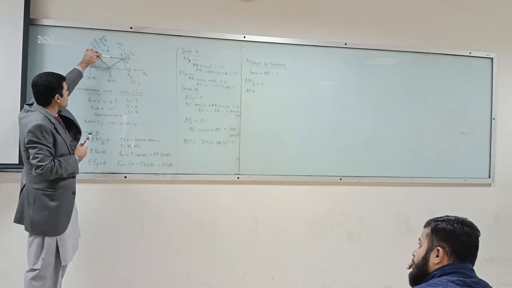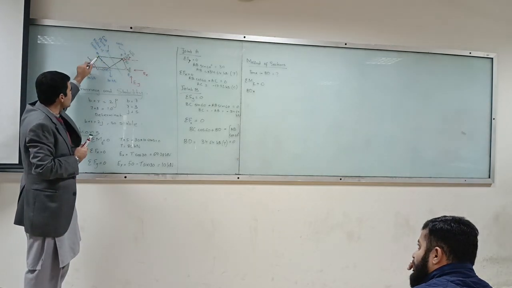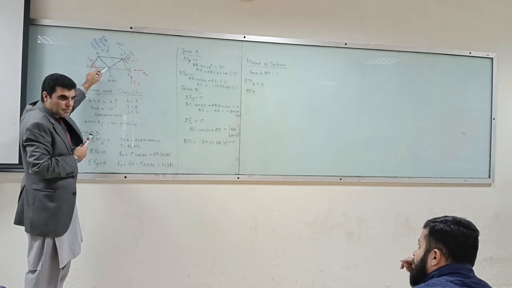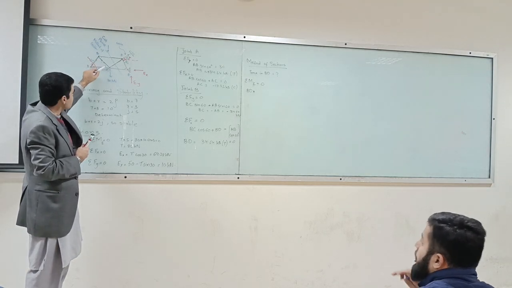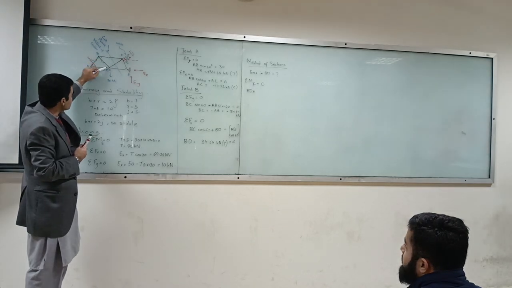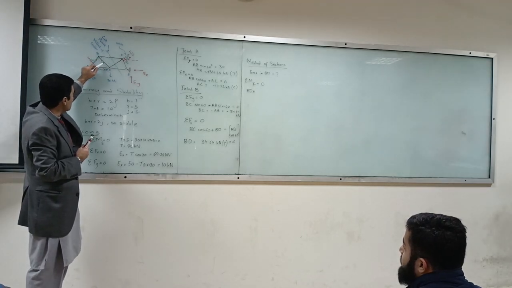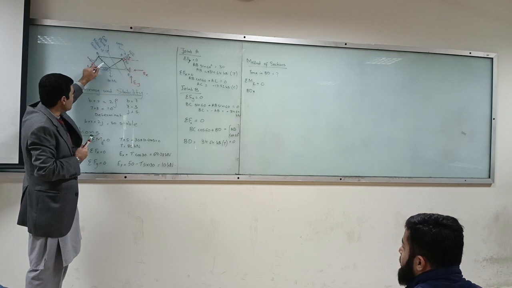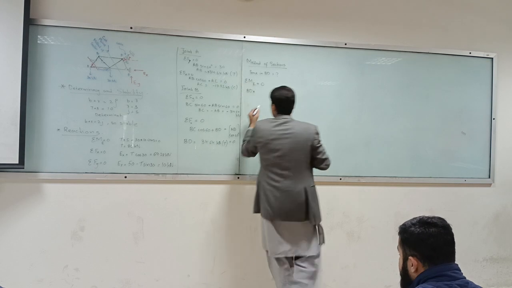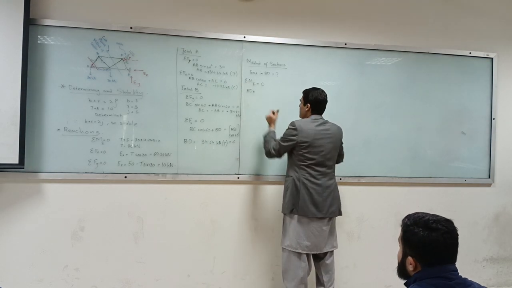So BD times the lever arm. You have to find out the lever arm. If this is 5 meter, and this is your 60 degrees, what is the lever arm? So this is 5 sine 60. So BD into 5 sine 60 degrees.